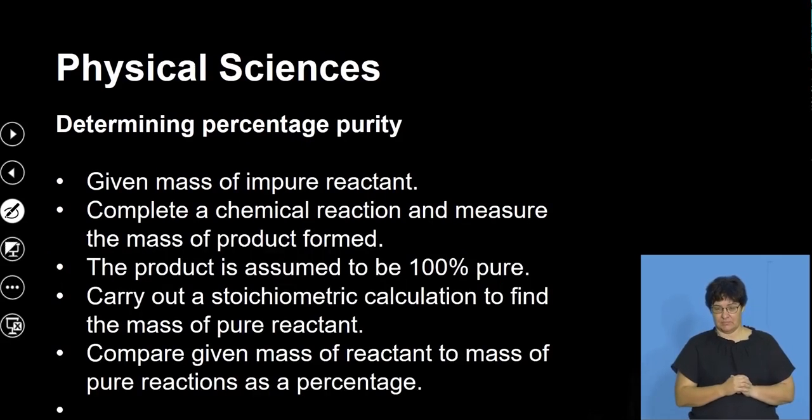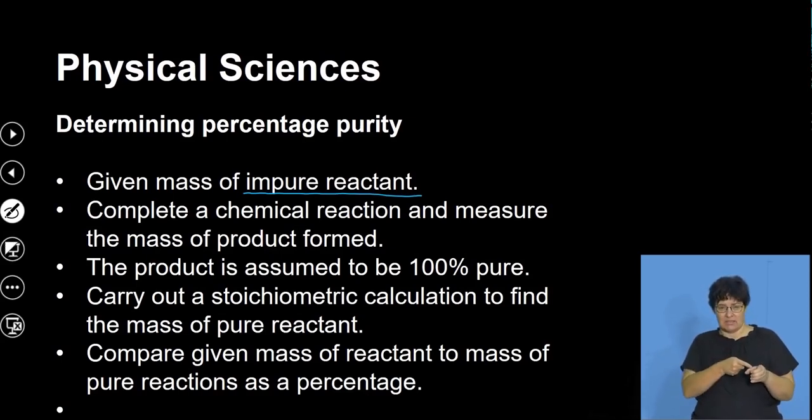So how exactly do we determine percentage purity? Given the mass of the sample or the impure reactant, why are we saying reactant? Because it could be in a chemical reaction, okay? So we need to complete a chemical reaction and measure the mass of the products formed. The product is assumed to be 100% pure, right?